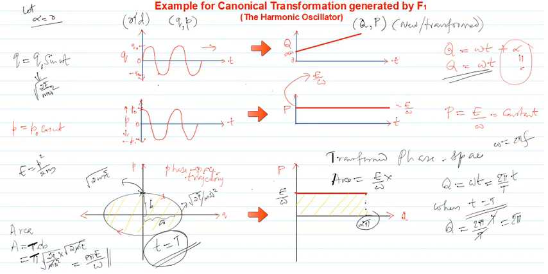And it should not be a surprise if you believe in the technique of canonical transformation: you are getting the area as 2 pi E by omega, and here also you can see that the area is preserved, 2 pi E by omega. Okay, fine. I hope that you understood, or at least this is enough and more to believe that canonical transformations leave the physics of the problem unchanged.